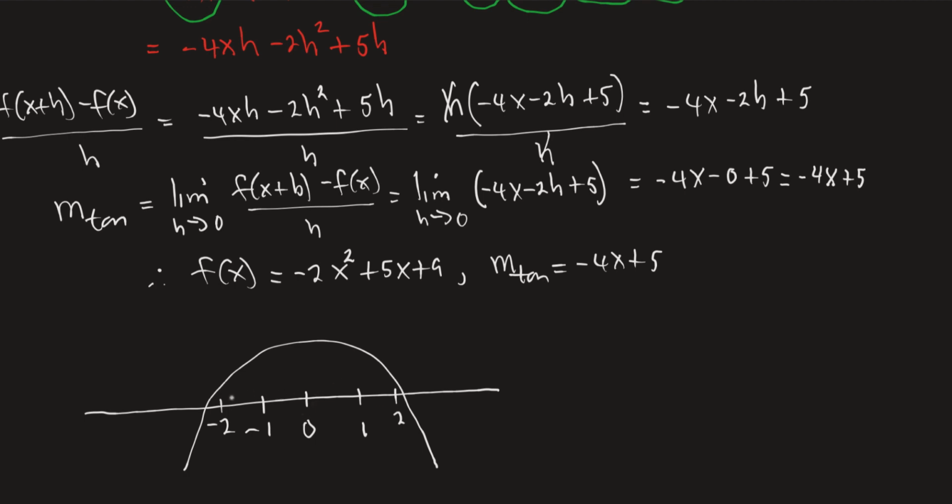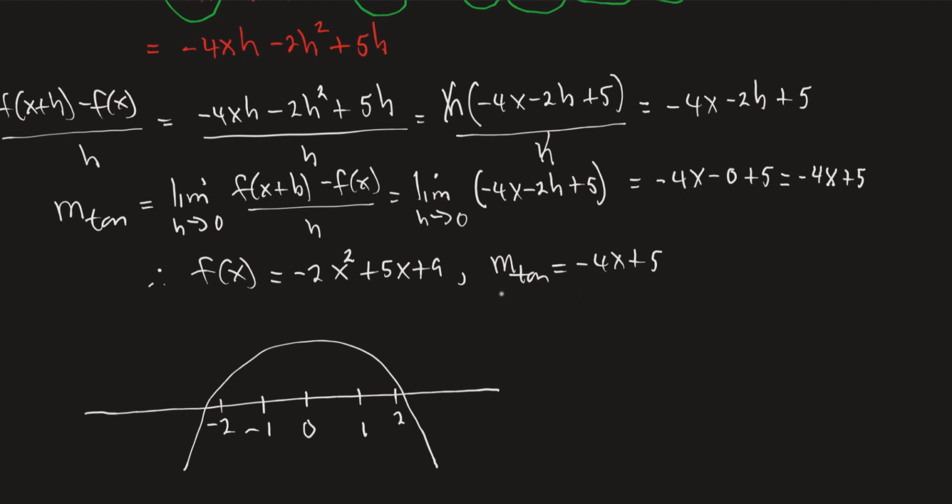So, for instance, if I were to plug x equals negative 1 into this function, it would give me the y value at that point. Now, if I were to plug negative 1 into this function, it would give me the slope of the curve at that point.